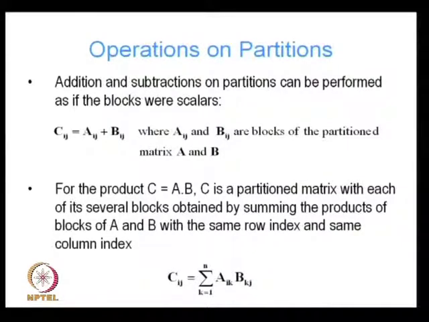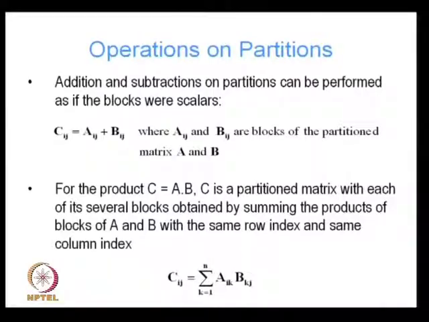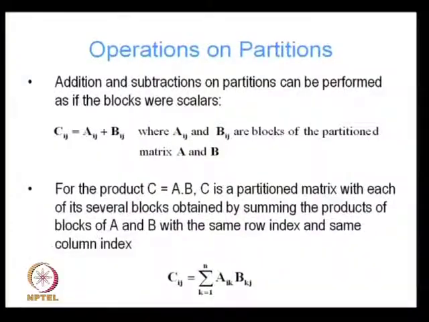Operations on partitions. Addition and subtraction on partitions can be performed as if the blocks were scalars. That is, if Cij is the summation of two partitioned matrices A and B, then Cij is basically the sum of the partitions Aij plus Bij, Aij and Bij being blocks of the partition matrices A and B. So, let me go over that again.